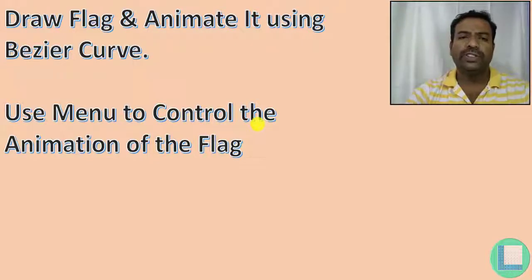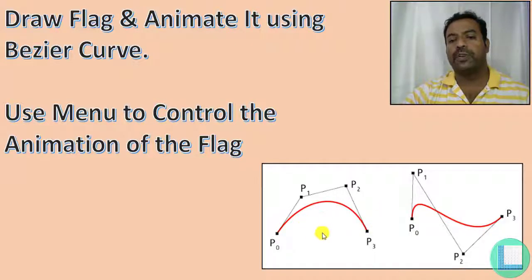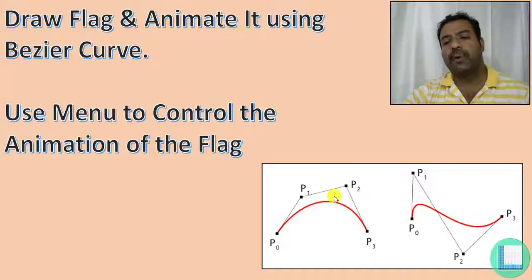Fine. So to start with, let me talk about the Bezier curve. Usually when you want to draw any such curve, you need 4 points. The 2 points P0 and P3, we call endpoints, and P1 and P2 we call control points.